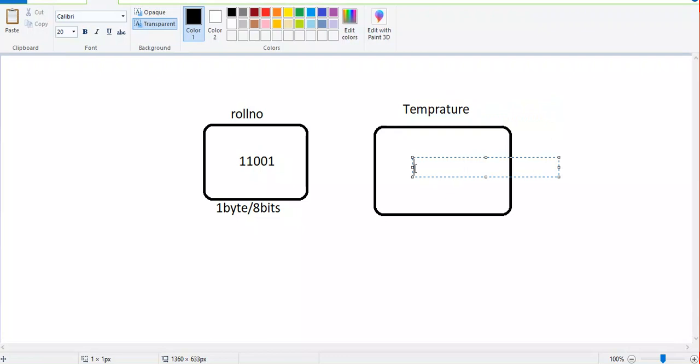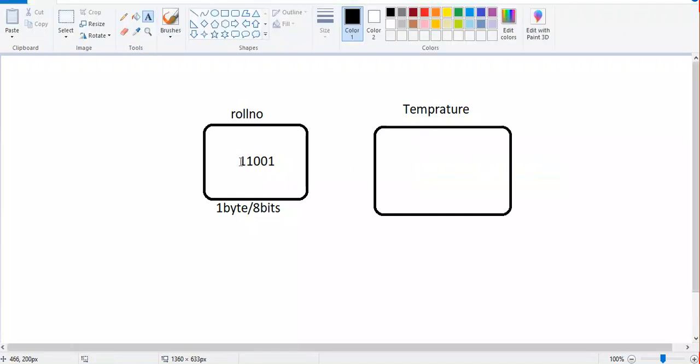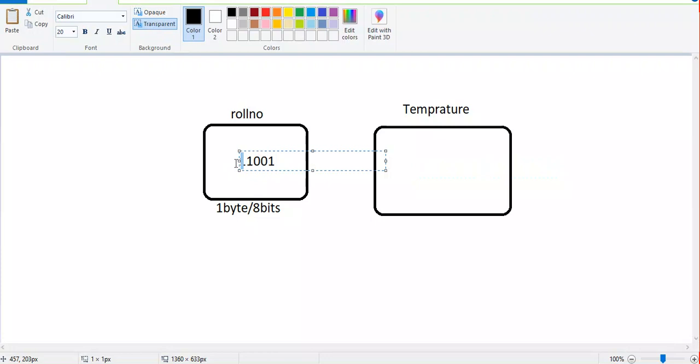The first space will be for the value of the sign. Roll number was a positive value, so first it reserves a space for a sign. If I have a negative value, the first sign bit will be 1.